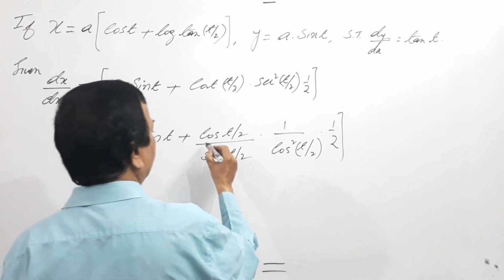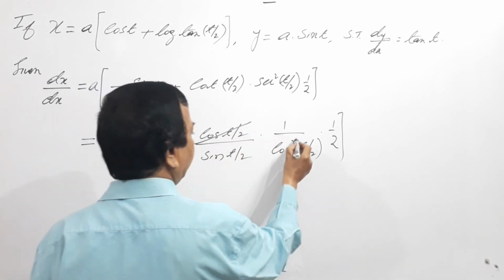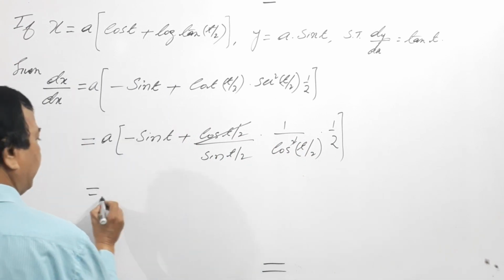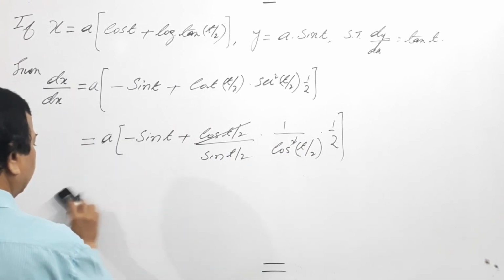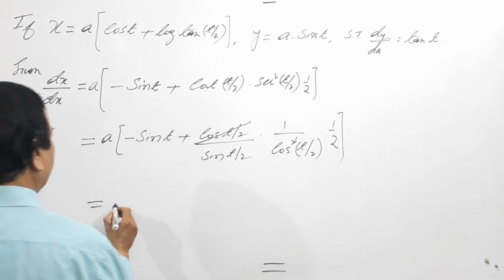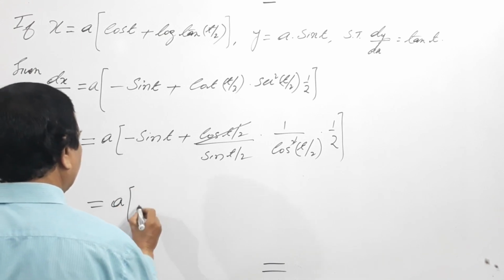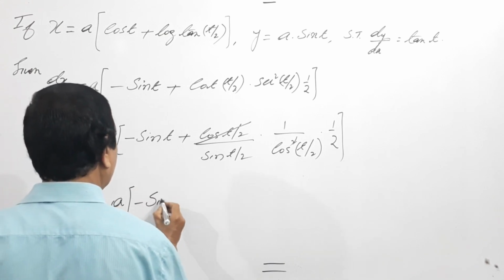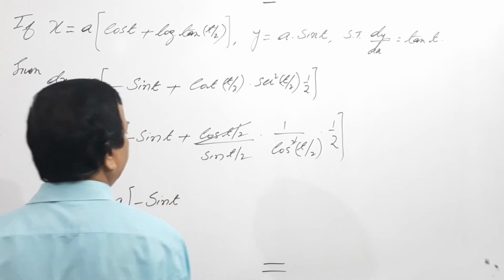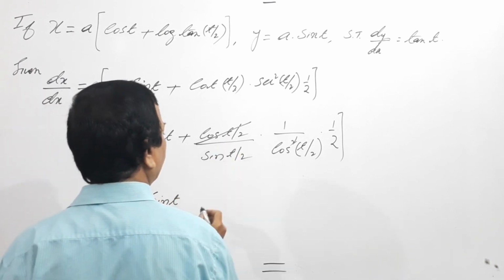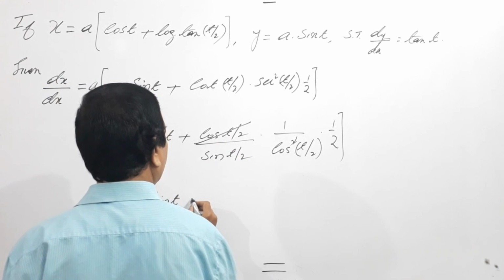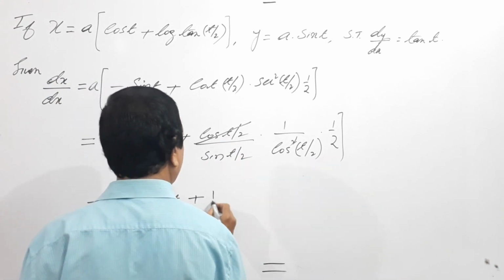So what happens here? One cos goes and one goes. So here, a into minus sin t. So what am I left with? Plus I will take this half here.